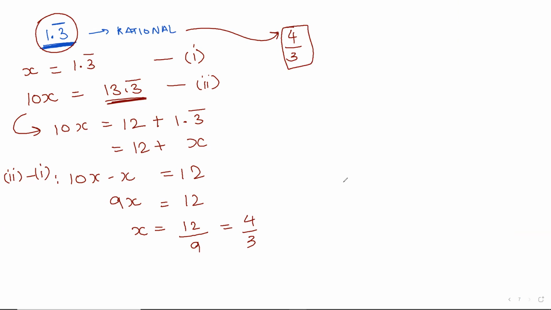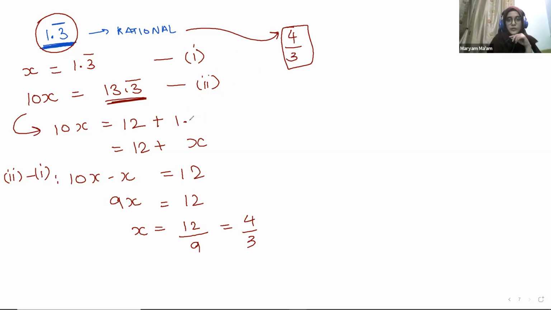Ma'am, we can also do it by putting, instead of 12 plus 1.3 bar, its original value 1.333. You mean that over here, instead of 1.3 bar, can we write 1.3333? Is that what you're saying?